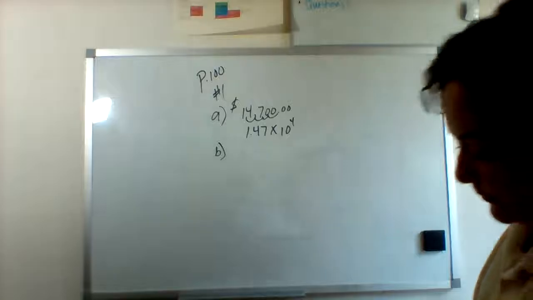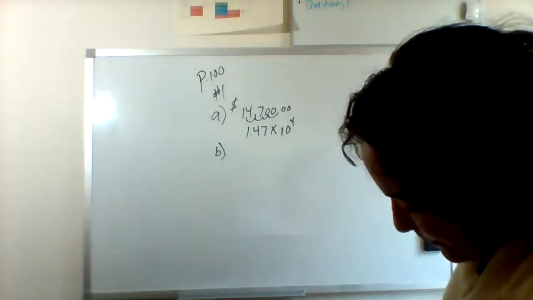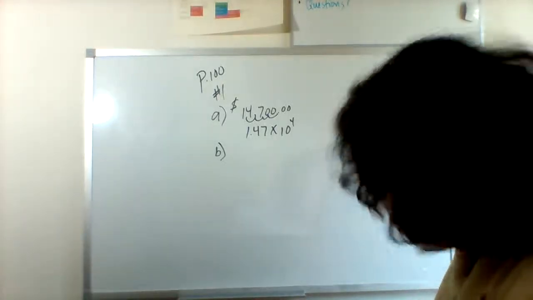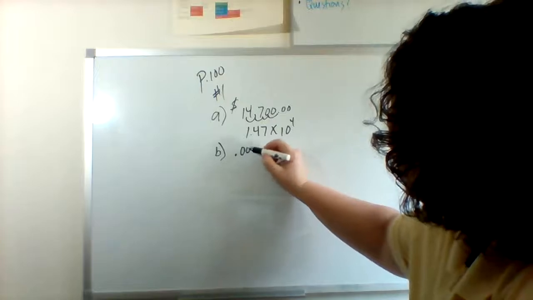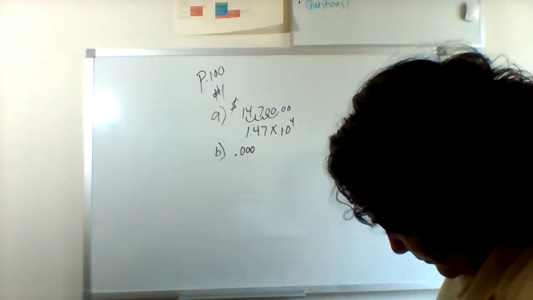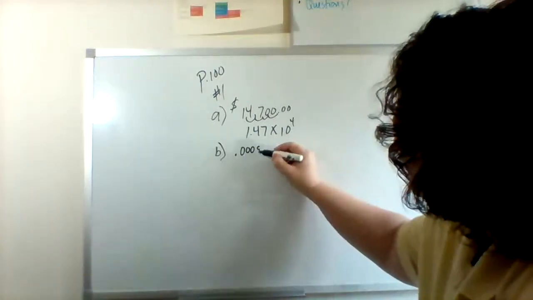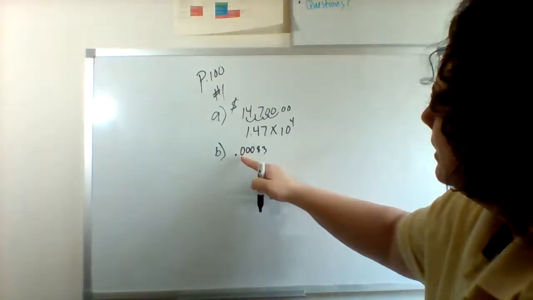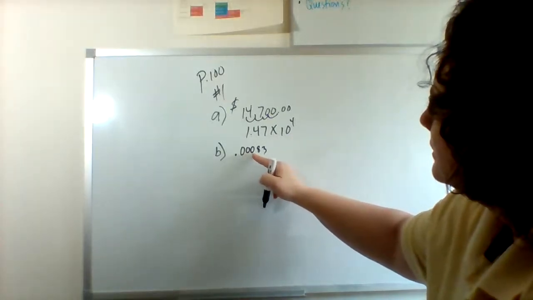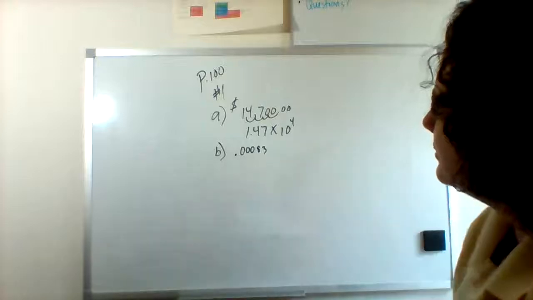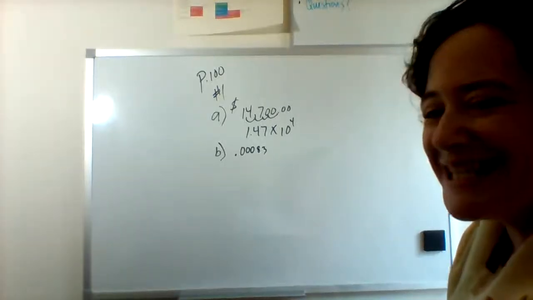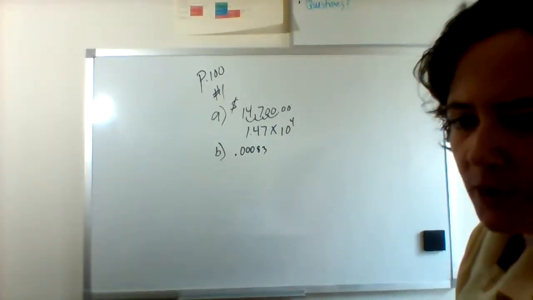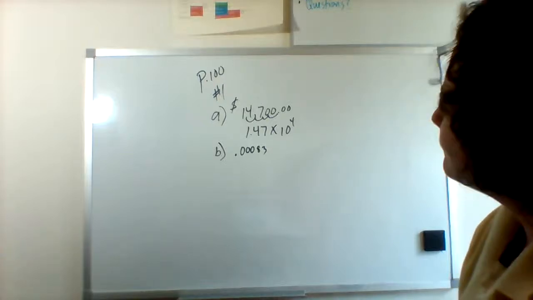B says that we're going to start with tens, hundreds, thousands, 10,000, 100,000, 8,300 thousandths, I suppose. Okay, good. You guys got it. Nice job.